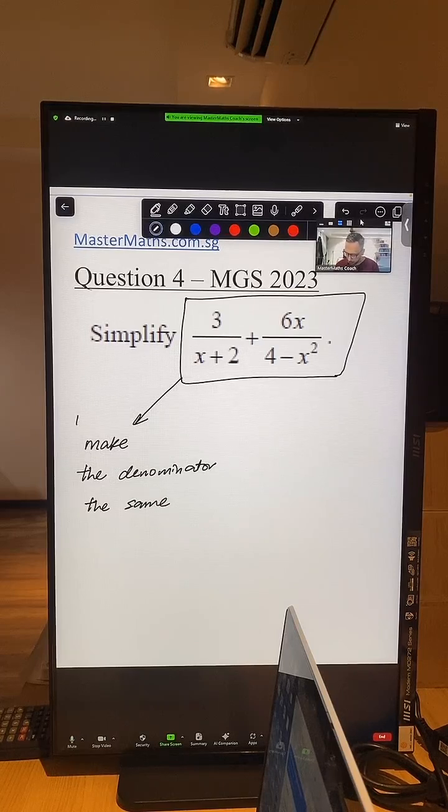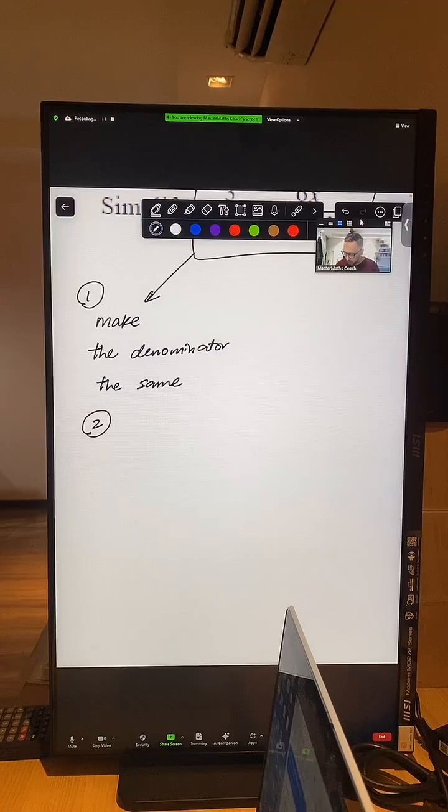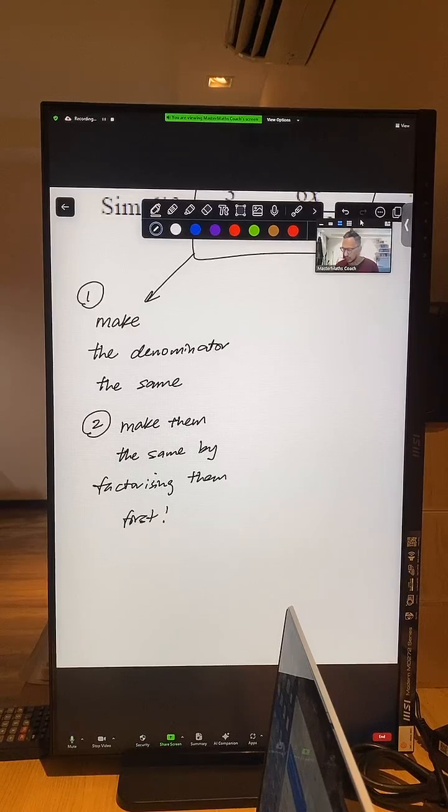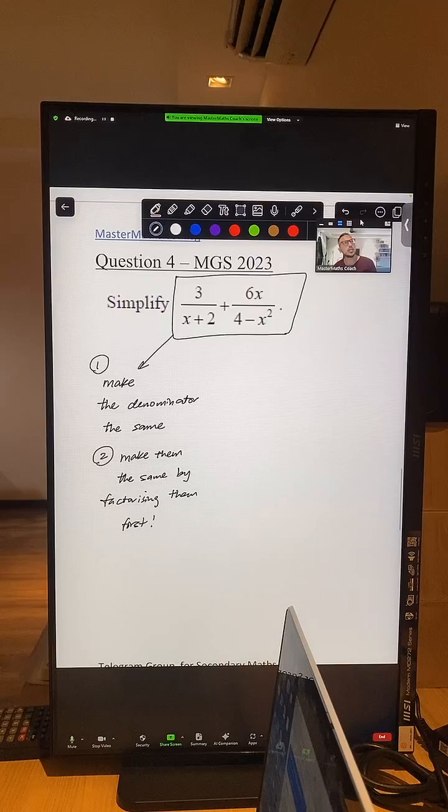Okay, so that's point number 1. Point number 2, make them the same by factorizing them first. So this is the tip lah we give you.